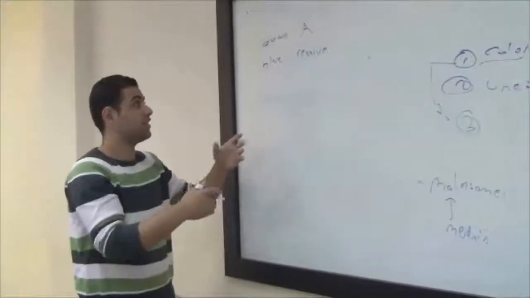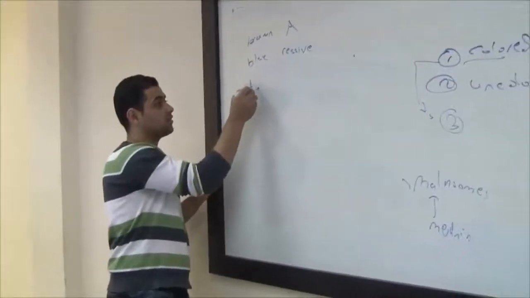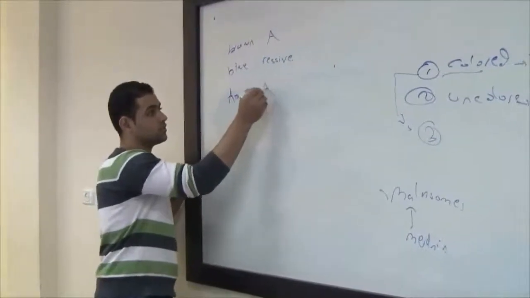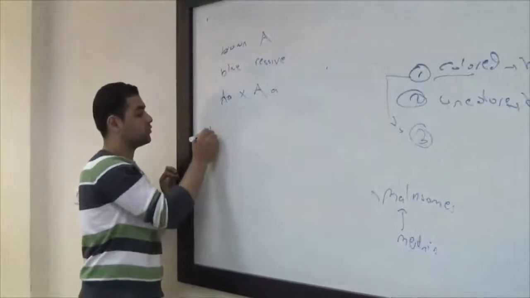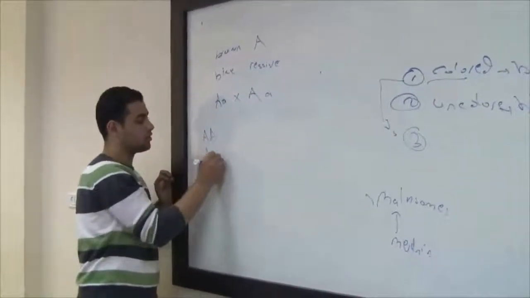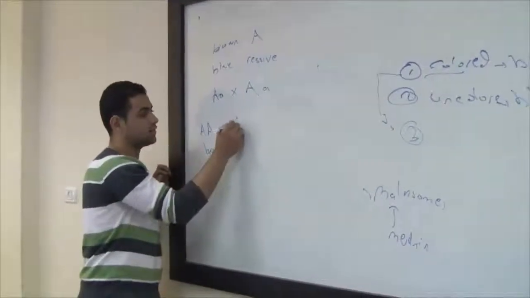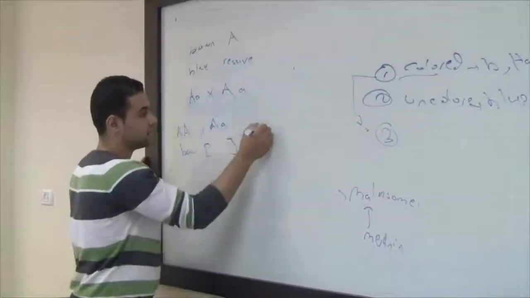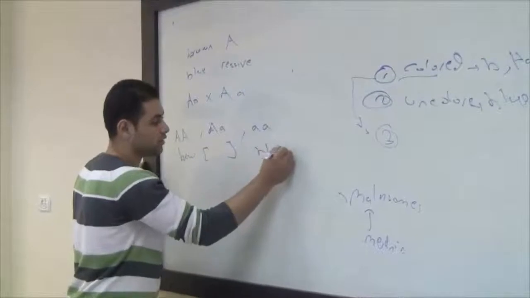And when they meet in a heterozygous form, they produce brown, and a homozygous recessive form produces the blue color.